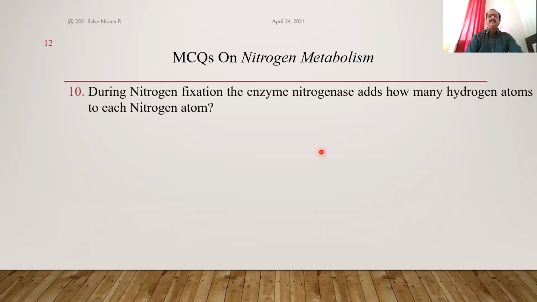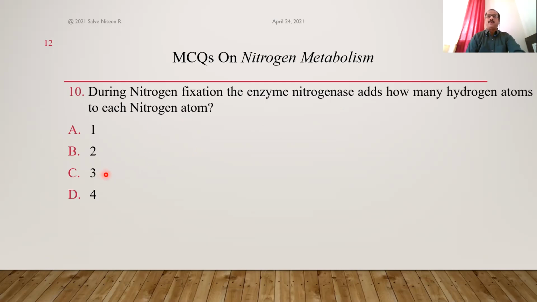During nitrogen fixation, the enzyme nitrogenase adds how many hydrogen atoms to each nitrogen atom? You know, there are 2 nitrogen atoms joined together by 3 covalent bonds. You have studied that during nitrogen fixation, this nitrogenase enzyme complex adds 3 hydrogen atoms to each nitrogen atom, because valency of nitrogen is 3.